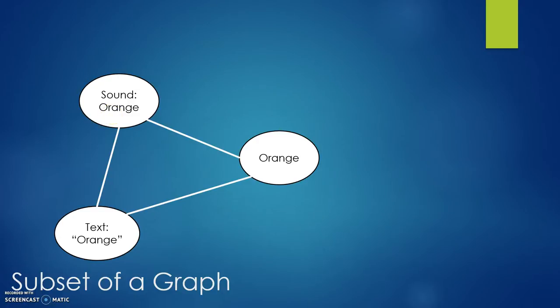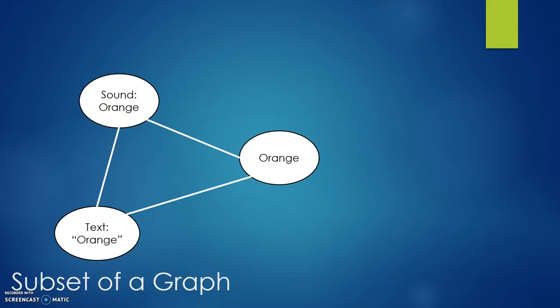One can lead to the other. We can hear orange and think of the text. We can see the text and think of what it sounds like. All I'm addressing at this moment is two things: the series of letters, the text, and then the sound, orange, the way in which it's pronounced.